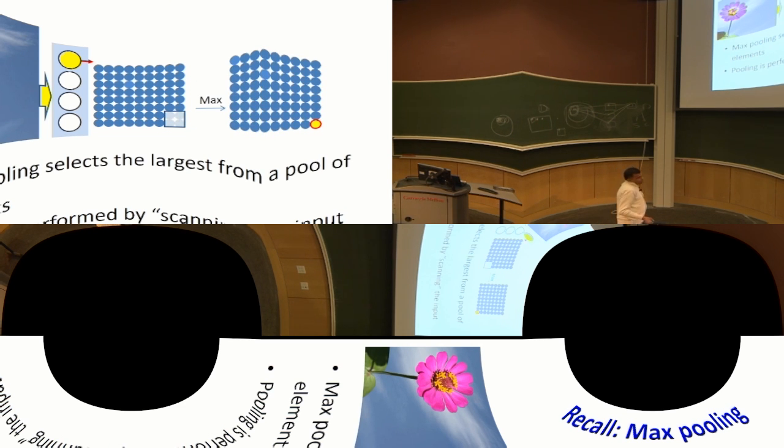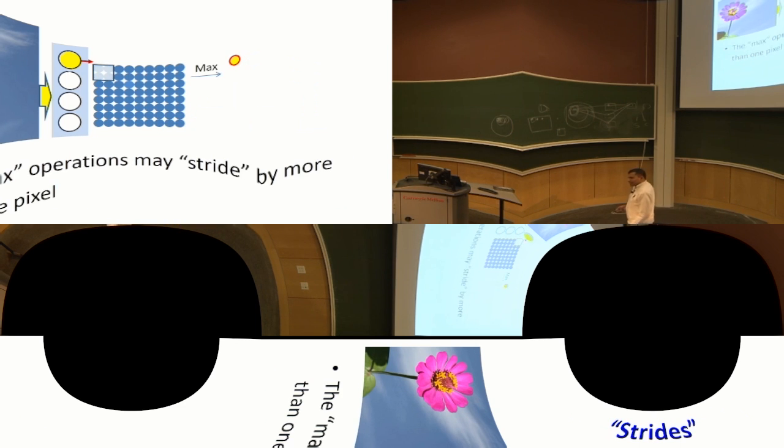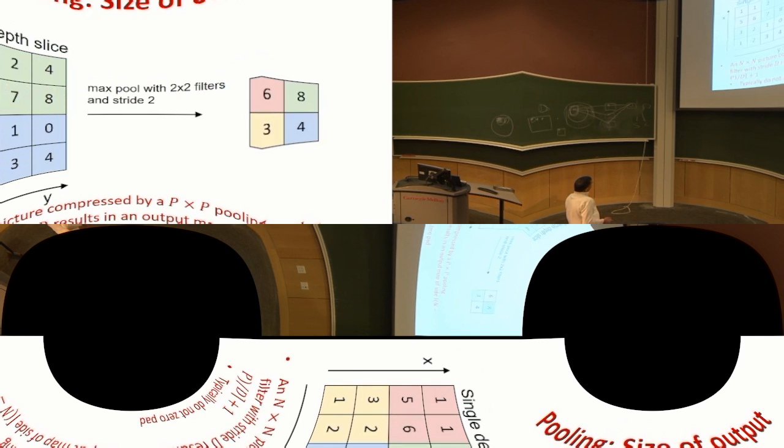Now, this is just doing what our C layer was doing. It was cleaning up, but the C layer was also reducing the size. The reason that happens is that when you do the max operation, you actually stride by more than 1 pixel. So the output is actually going to shrink in size. For example, if I were doing max pooling on 2x2 and had a stride of 2, this image is going to just be converted to this guy here.